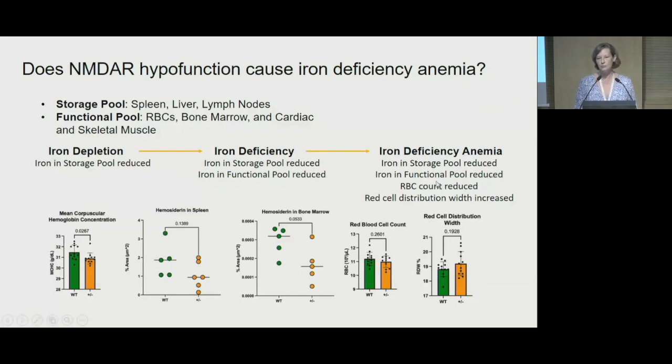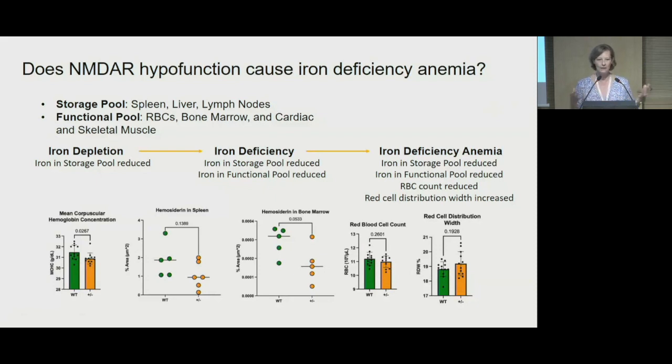And so this would be considered a very mild case of iron deficiency anemia, because really the red blood cell count doesn't reach the threshold, but there is a reduction in hemoglobin. So it's not really clear to what extent this might contribute to any symptoms. Again, as a biomarker, it doesn't necessarily need to contribute to the symptoms to be valuable.